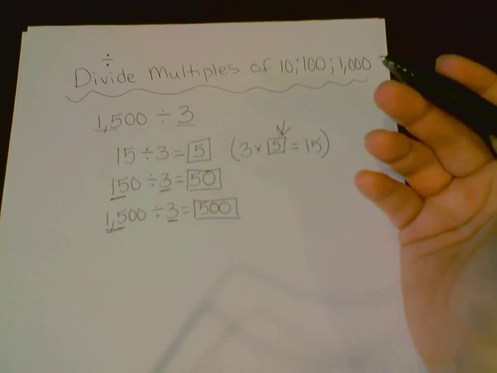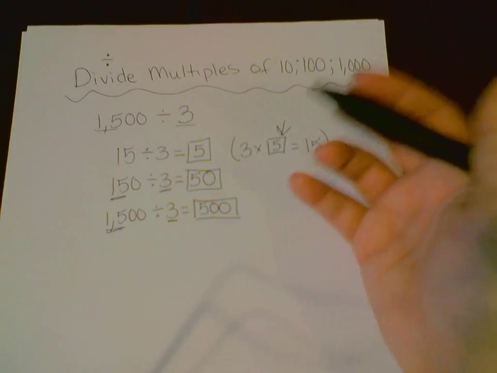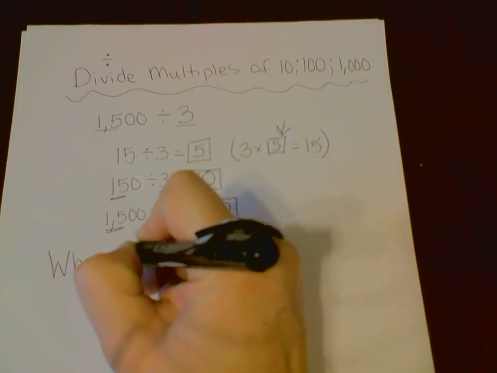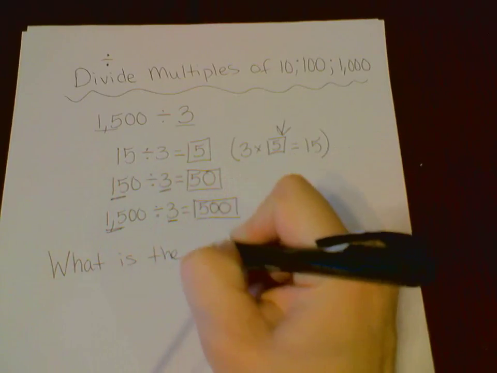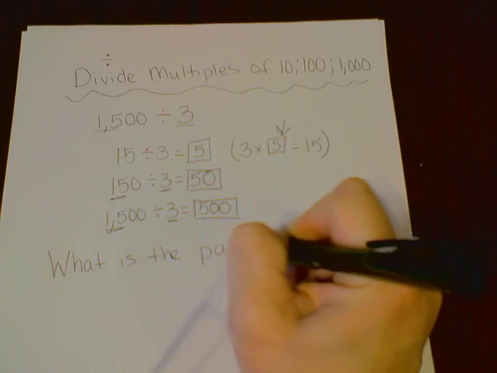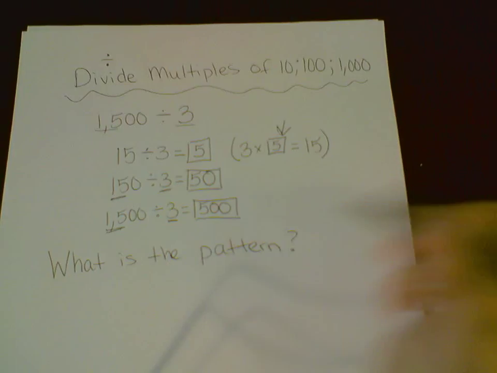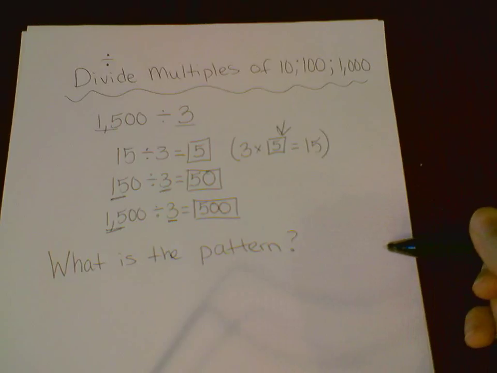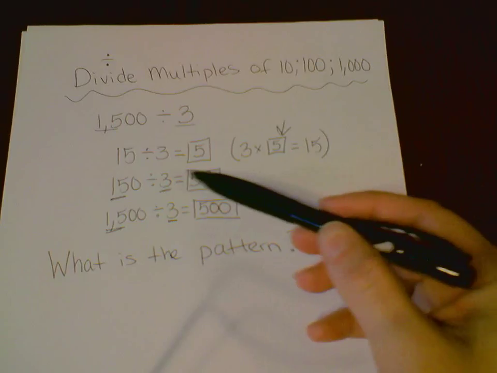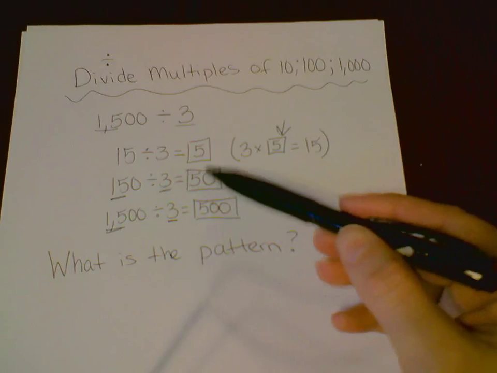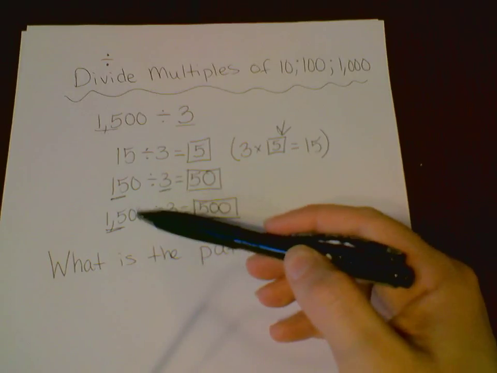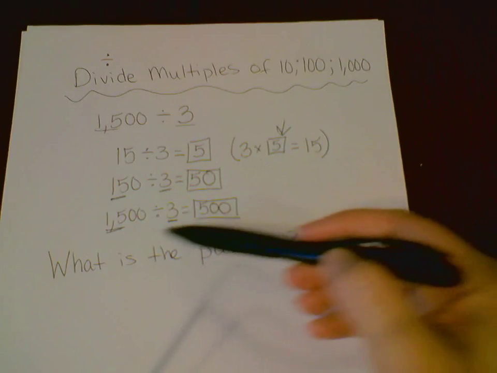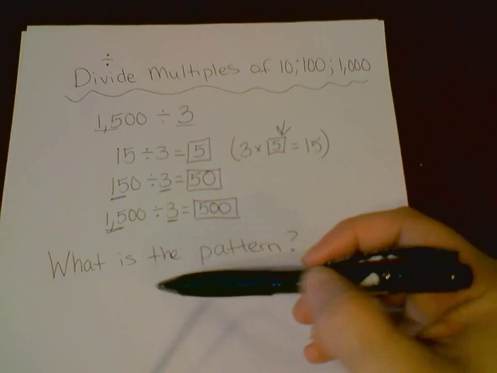Okay, so the big thing we were going to be focusing on is what is the pattern, okay? What do you notice? So I want you to pause the video and write down what you believe the pattern is when it comes to adding zeros. When we see zeros inside of our division equation and then our quotient, what is it that you notice? What is the pattern that is happening, okay?